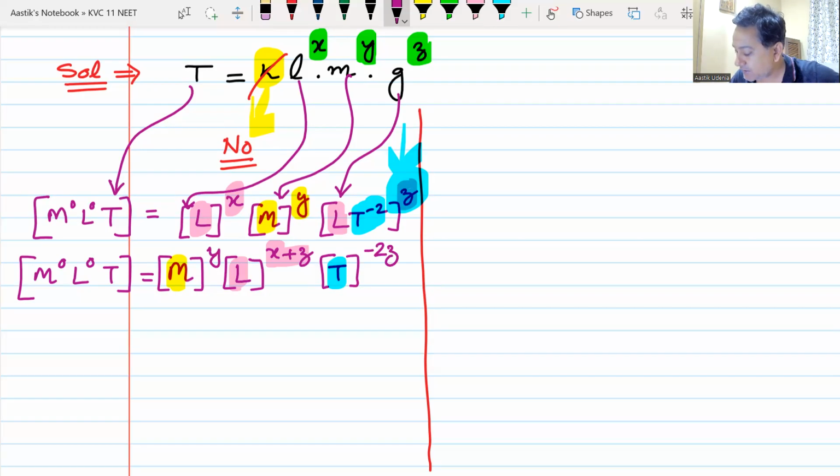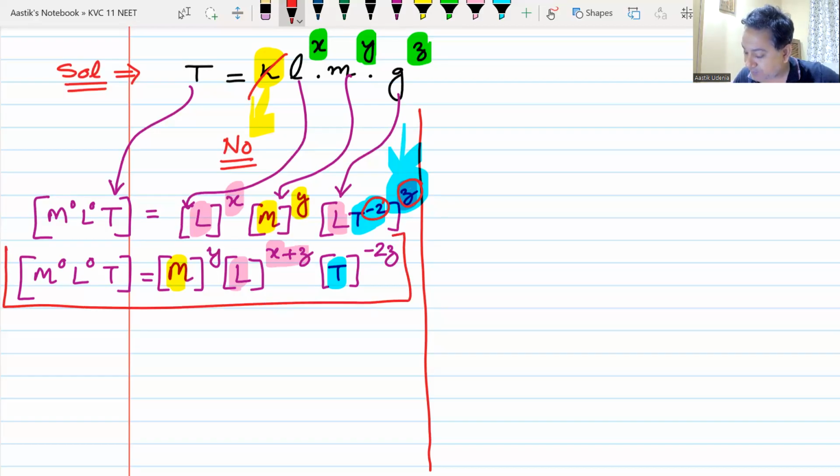And why is it minus 2z? Because it is minus 2 and again it is raised to the power of z. So both of these terms will get multiplied and I will have t raised to the power of minus 2z. This is the main step. Is this step clear to everyone in the class?